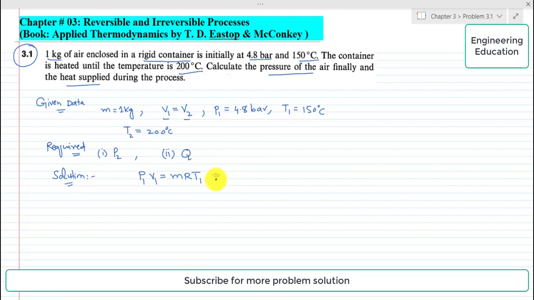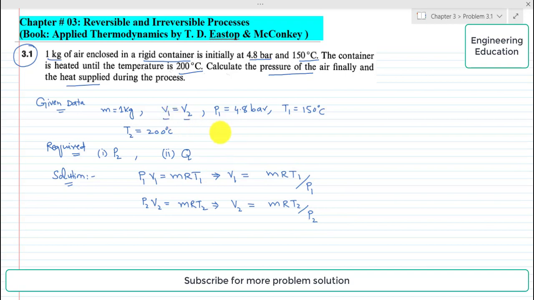If we keep V1 on this side, it will become mR T1 over P1. Similarly, for state 2, it will become P2 V2 is equal to mR T2. So if we keep V2 on left hand side, it will be equal to mR T2 by P2.